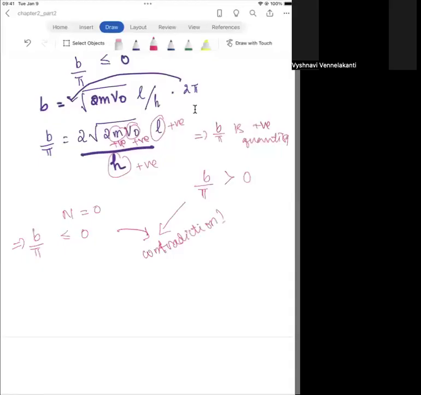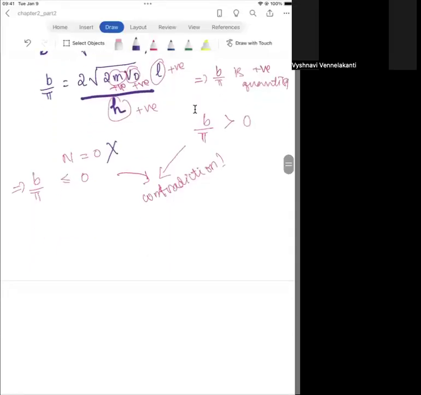And that is because our assumption that the number of bound states can be 0 is incorrect. So n equals 0 is not an option. A particle in a rectangular well must have at least one bound state. At least one. So n has to be greater than or equal to 1.